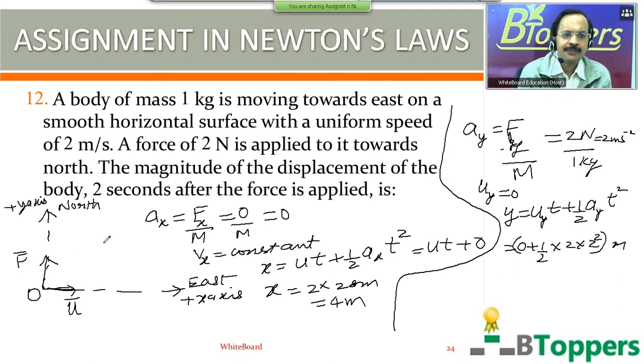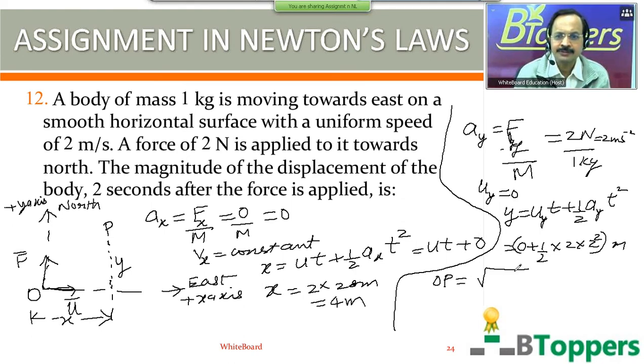So let P denote the position of the body after 2 seconds. Y is the displacement parallel to y-axis and x is the displacement parallel to the x-axis. So magnitude of actual displacement of the body, the shortest distance between the point P and the origin O, will be equal to root of x square plus y square.